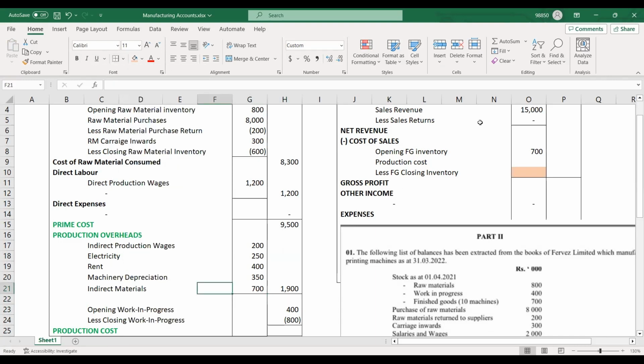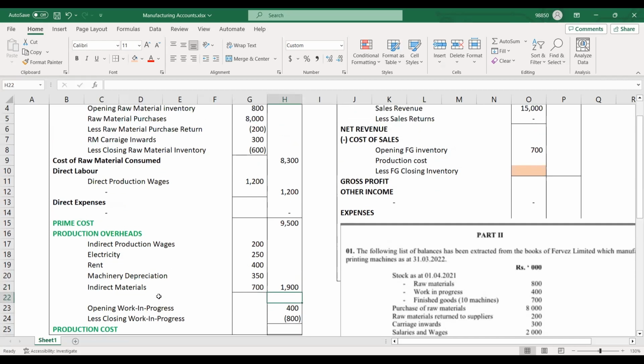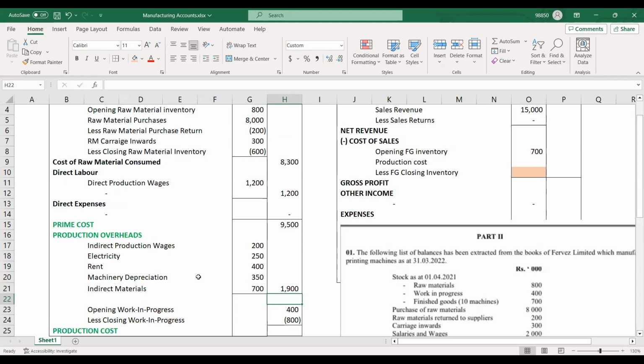Right. So everyone's given the correct answer, 1,900. What is then prime cost and production overhead? What is your cost? Right. You get 11,400.